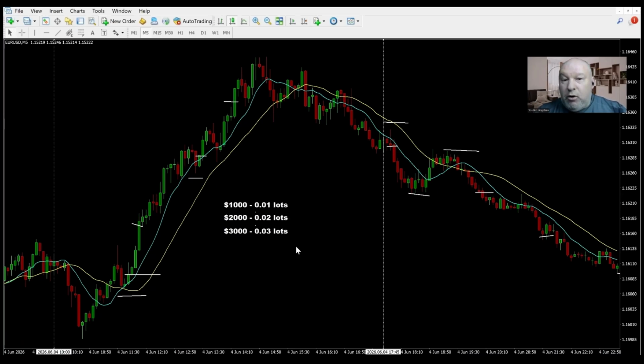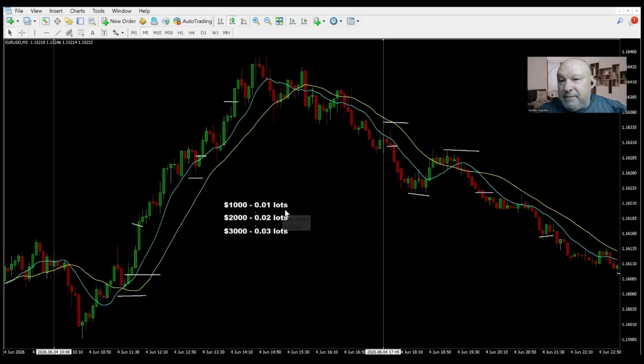That's what I'm using. Of course, some of my students, if you're watching this, know that sometimes I'm using way higher lot sizes, but it's because I'm a more advanced trader, right? When you get to the point that you know what you're doing when you're trading, then you can experiment and risk way more, especially when you're trading lower time frames like 5 minutes or 1 minute, which I trade on my everyday accounts.